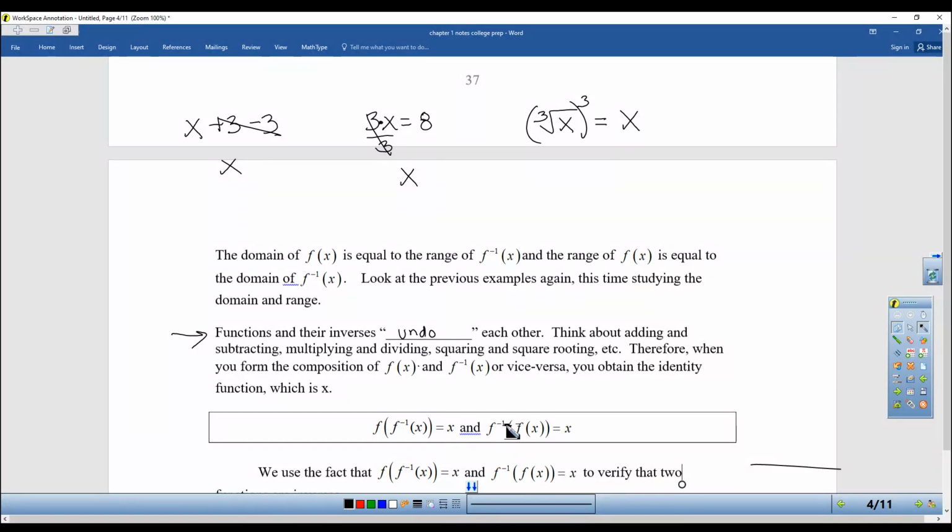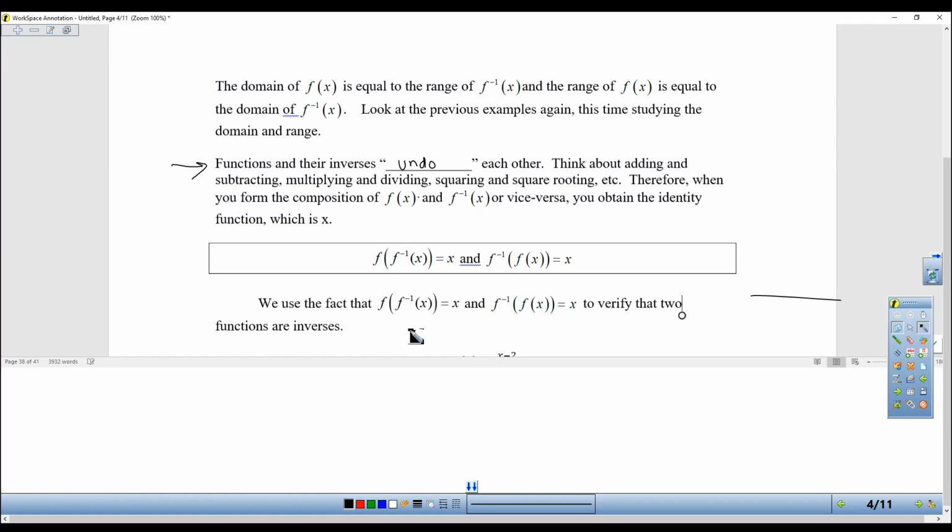And if you have f inverse of f of x, you can do it the other way also, you're going to get x. We're going to use that fact to verify that two functions are inverses, meaning sometimes you have to find the inverse, but sometimes I'll give you the inverse and I'll just ask you to verify it.